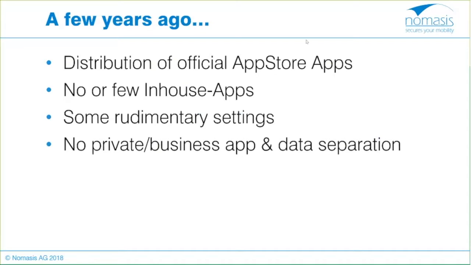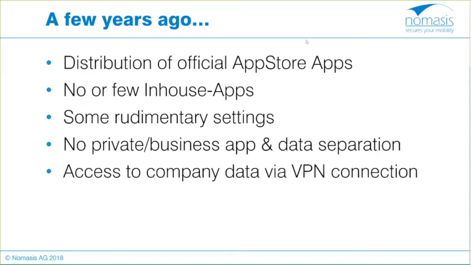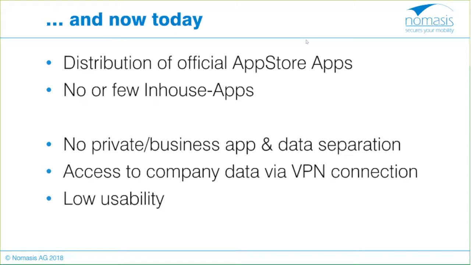We basically didn't have private and business app data separation. That means we were able to exchange data from business apps with private apps and vice versa. And we needed a separate VPN infrastructure to access company data with our apps. This, of course, resulted in low usability, with all the glitches: when you had to access other stuff, you needed to terminate the VPN connection manually, etc.